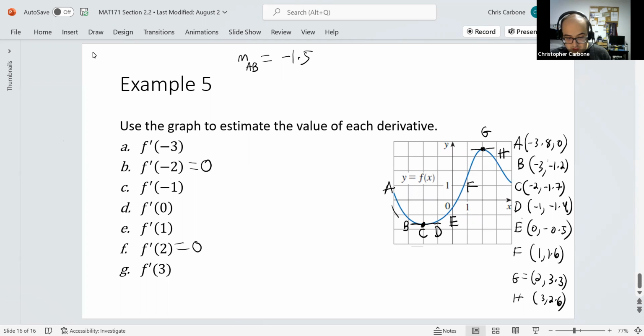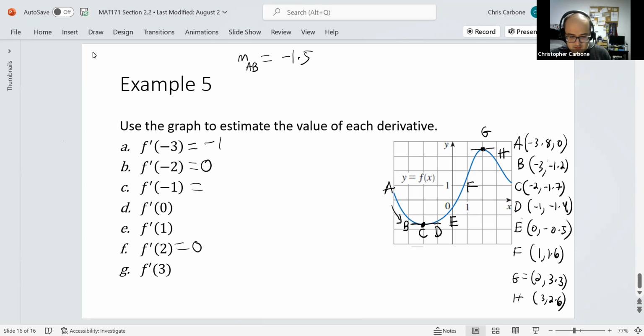We need to approach B, so the slope there is going to be increasing a little bit, since even though we're going down towards B, the slope isn't going to be as steep as it approaches the vertex. So a good estimate for this is about -1.